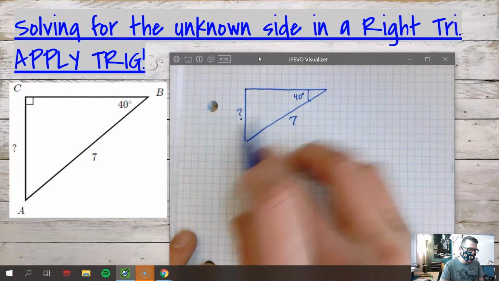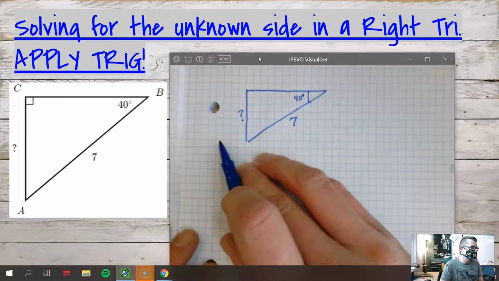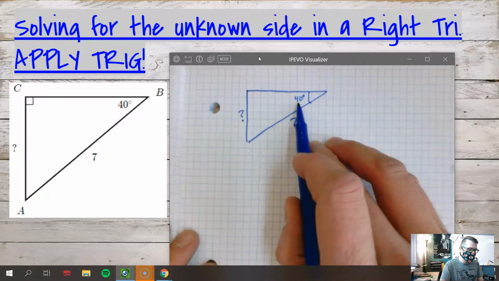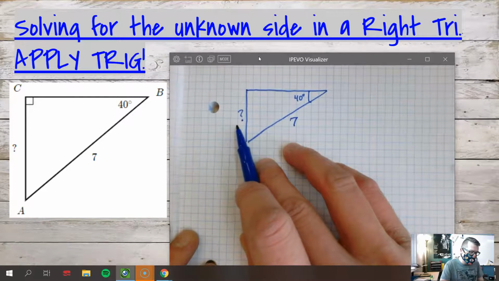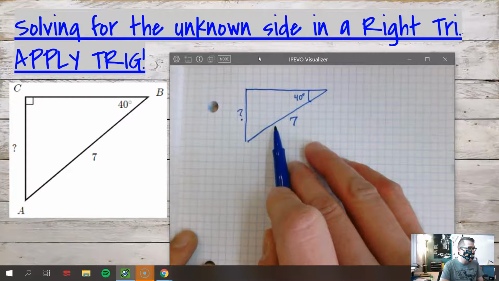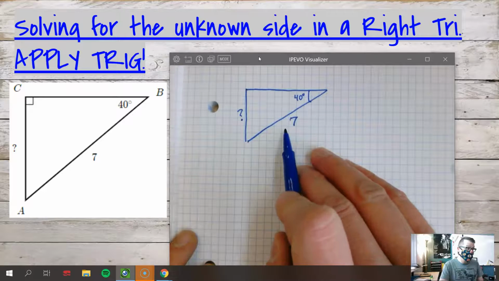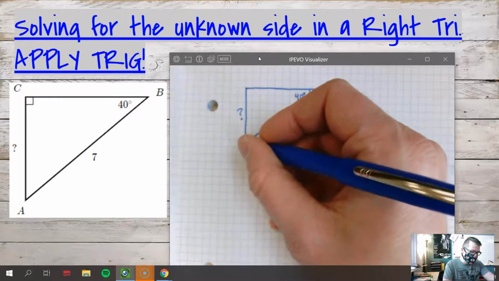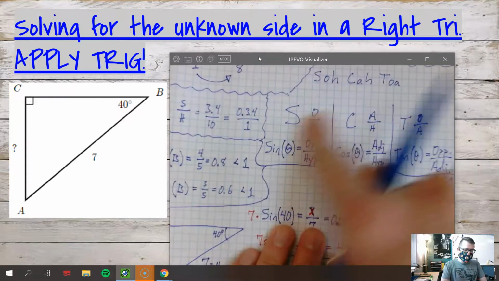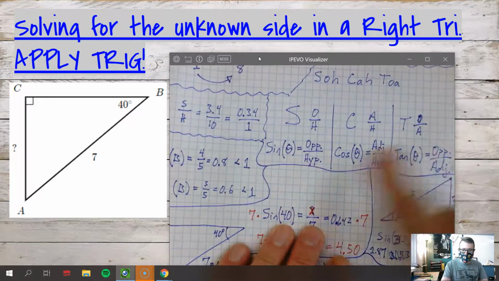We're looking for what side? Don't give me A, C, A, but what side compared to our angle? Opposite, and we have hypotenuse. So we have to ask ourselves, which function uses opposite and hypotenuse? Ding, ding, ding.